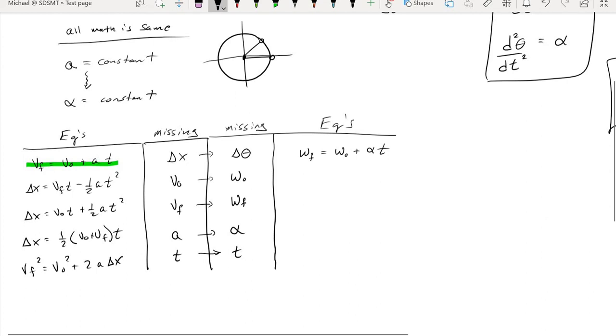The next equation would look like this. Delta x gets replaced with delta theta. You would have omega final t minus half alpha t squared. And I'm going to go through and write out the rest of these.